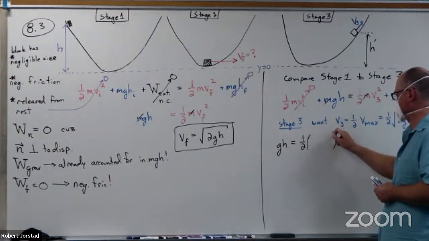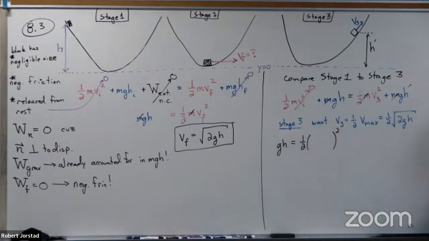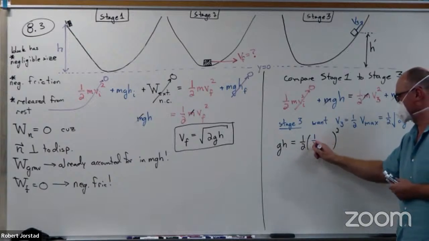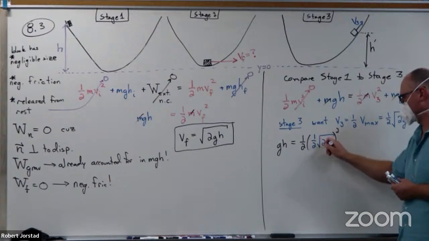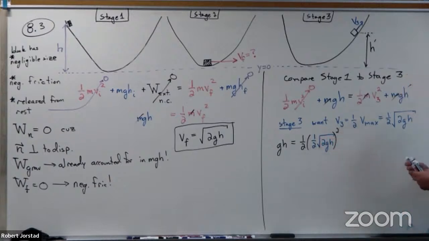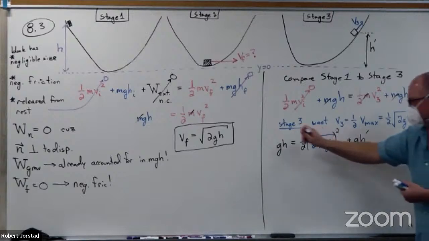Something I've learned over the years is try not to do too many steps in your head at once. That's when you end up screwing up and wasting your life. If you take just a tiny bit more time on paper, it actually ends up being faster in the long run. So I took this equation here and plugged in this piece of information.